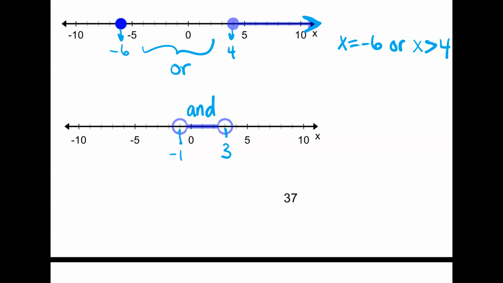So x is going to be between them, right? So -1 is going to be less than x, which is less than 3. Or you could say x is greater than -1 and x is less than 3.